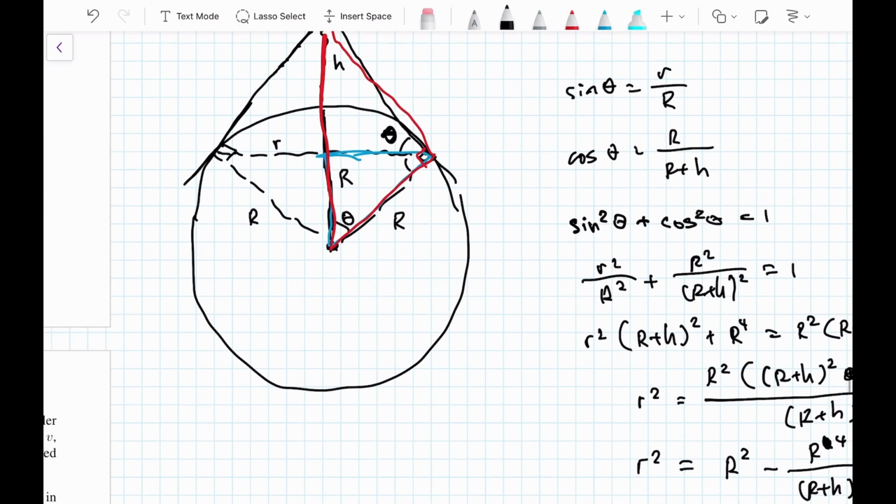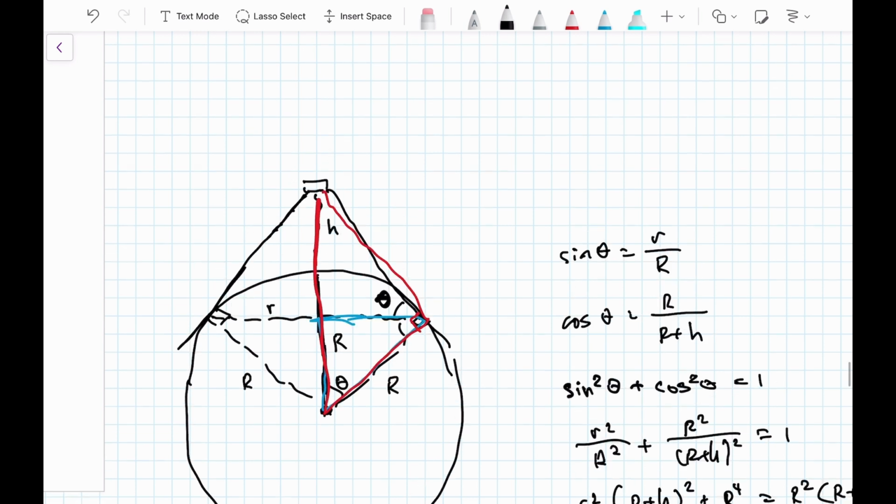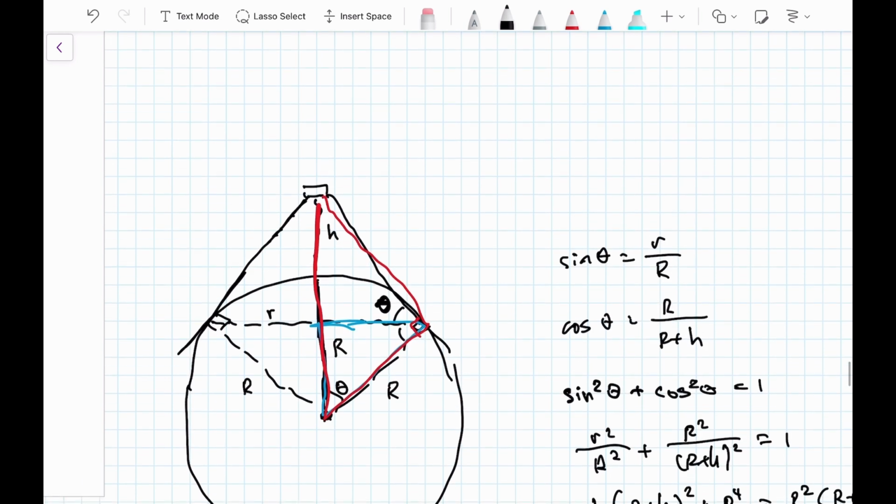Now we can return to this diagram over here. What we have is that the satellite is orbiting around Earth, so at this very instance it should be traveling in this direction. We're assuming that it's traveling in that direction. And then, utilizing the angles over here, this is theta, this is 90 degrees minus theta, and then this should be theta as well.